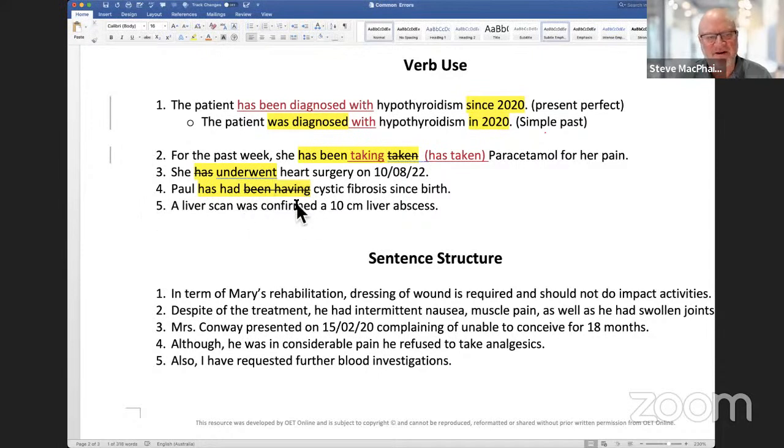Now we're going to use a passive active. A liver cancer was confirmed a 10-centimeter abscess. Can you spot the error here? A liver scan was confirmed a 10-centimeter liver abscess.